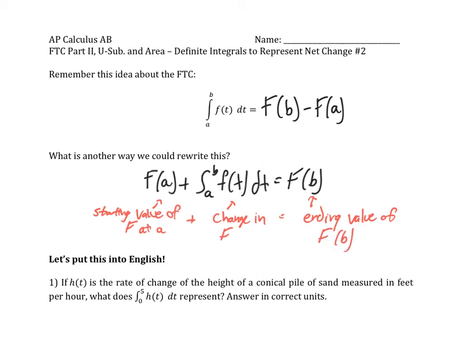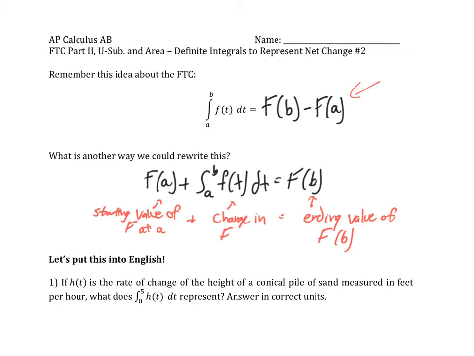So all I had to do is reorganize this expression from above to basically say my starting value plus the area under the curve, which we all know to be the change in, if you're thinking velocity, change in position, it's change in whatever units we're talking about, right? Your starting value plus your change in units is just going to equal your ending value, where you end up, okay? And if we can grasp that, it really allows us to do a lot of different things.